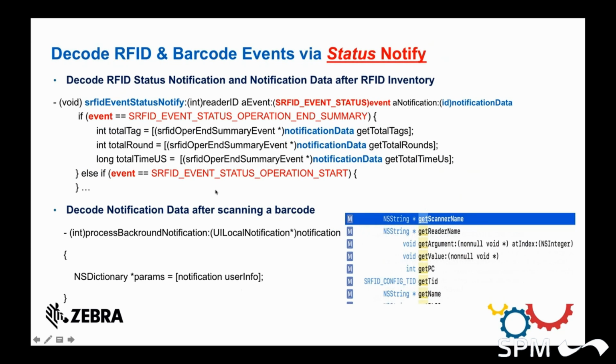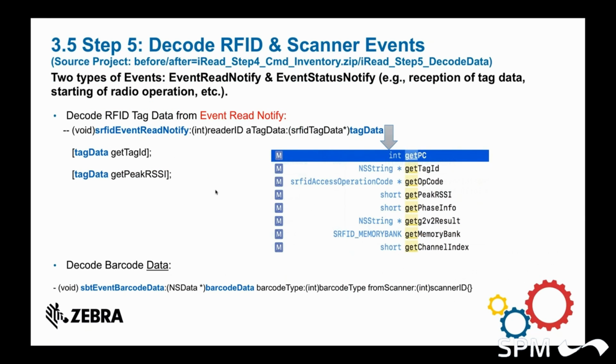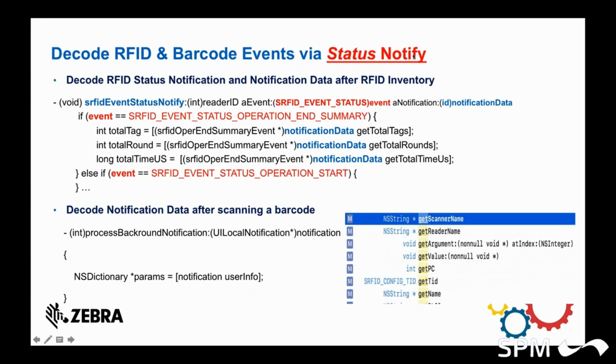Okay, and they basically have two events. The first one is event read notify, and the second one is status notify. Using the second notification, you will know when the RFID starts the operation for inventory and when the operation end summary arrives.